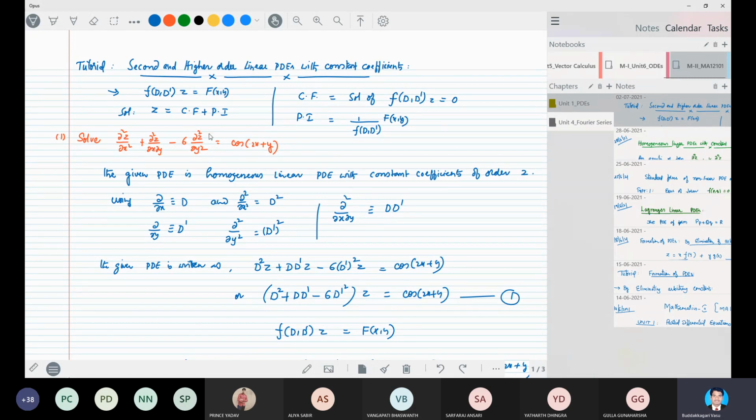Here I just summarize. First, write down its operator form, and its solution will be complementary function plus particular integral, where the complementary function is the solution of f D D dash into z is equal to 0, and the particular integral is 1 by f D D dash of f of x comma y.